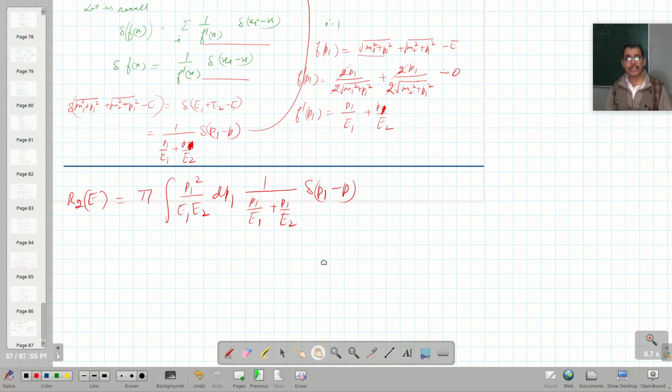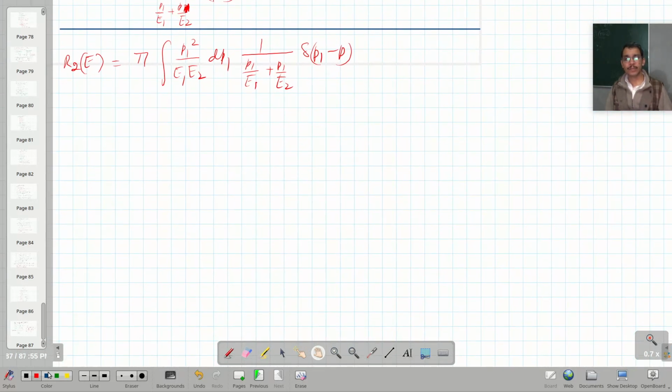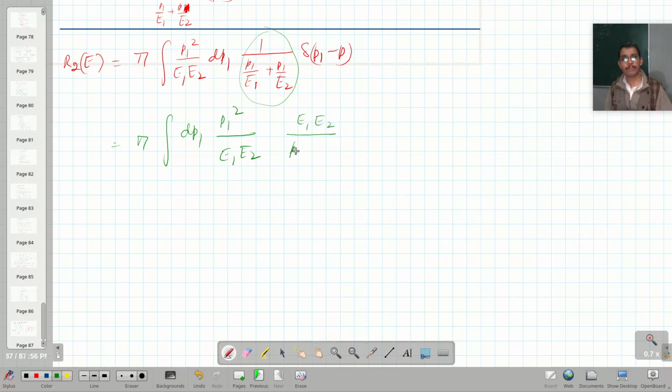This will be pi integral dp1 p1 square over e1 e2, and this part modifies to e1 e2 over p1 into e1 plus e2 into delta of p1 minus p. So this will cancel out with this.